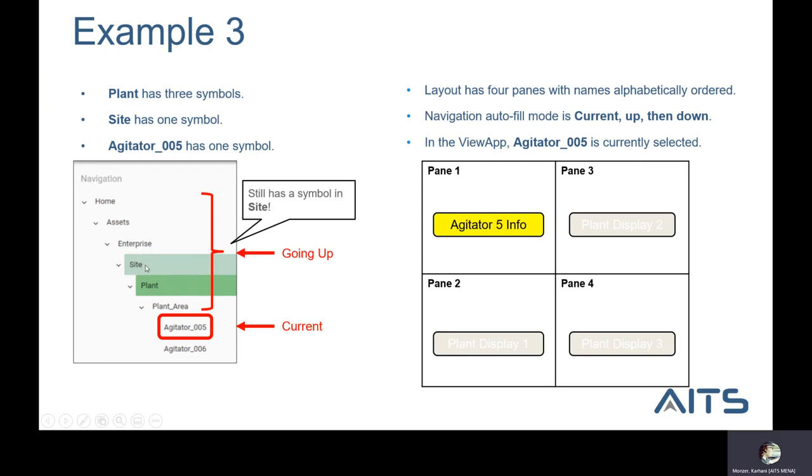Sites still have 1, but there is no place for it. This is related to current, up and down. Depending on your project, you need all of them: only current, only current and up, or current, up and then down. This is the first type of autofill.